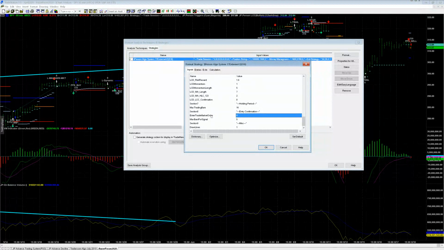So if it's false, true, do you enter into a market order? You're not getting into a market order. It's pre-programmed to get in a tick above the signal bar's high, or a tick below the signal bar's low.